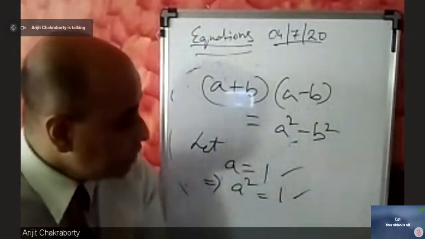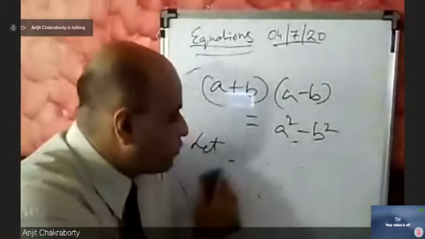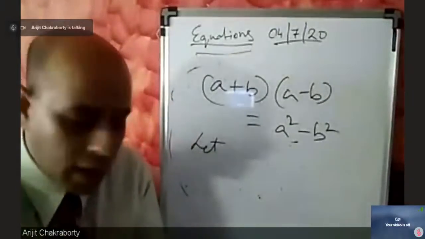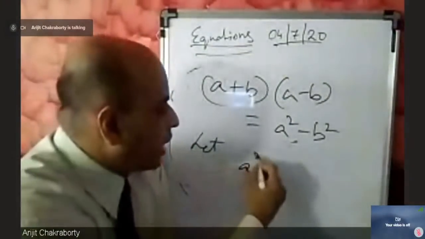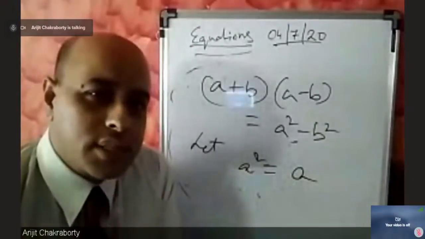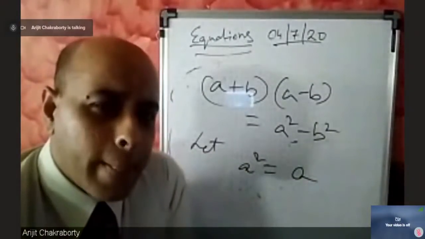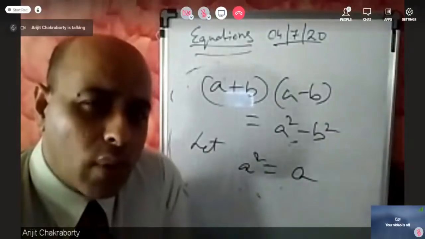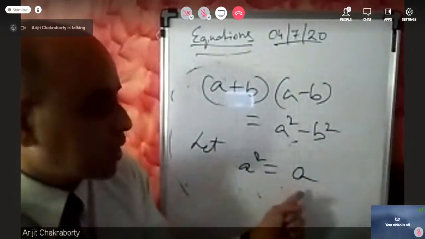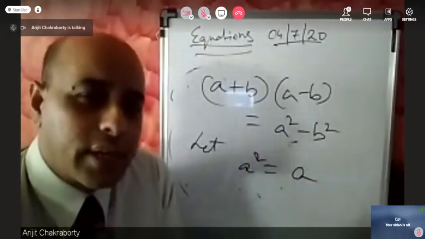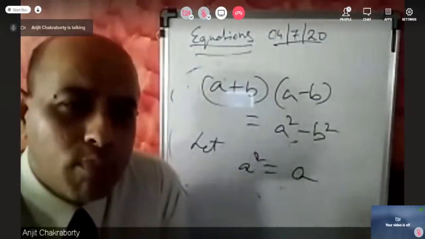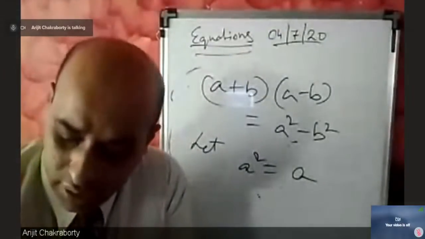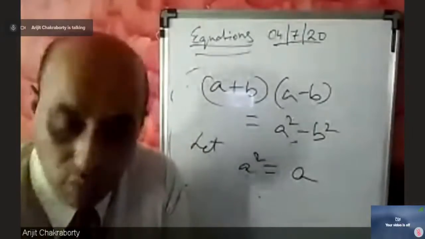So if both are 1, we can write a² = a. So a is equal to 1, a² is equal to 1, so we can write a² = a. Now if you deduct 1 from both the sides, what do you get?